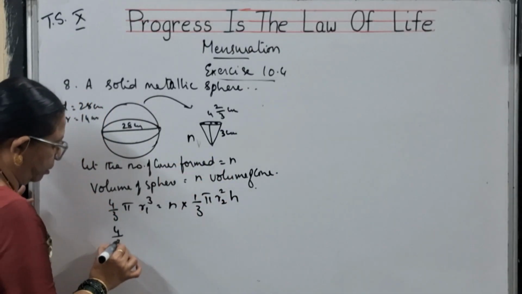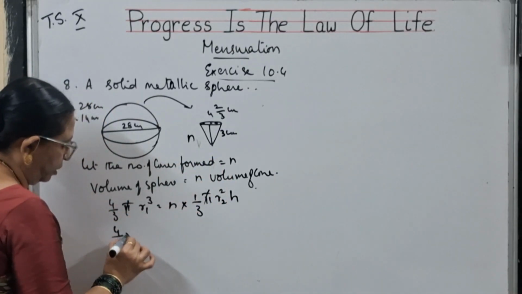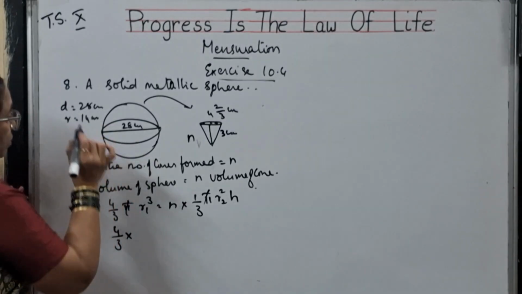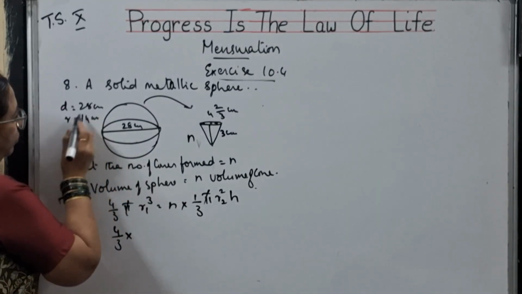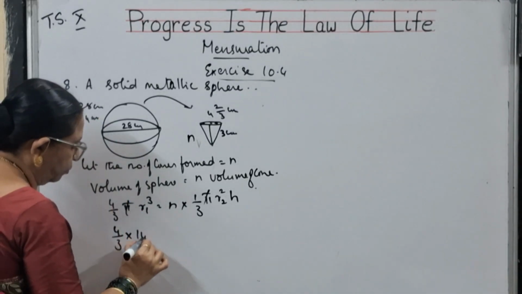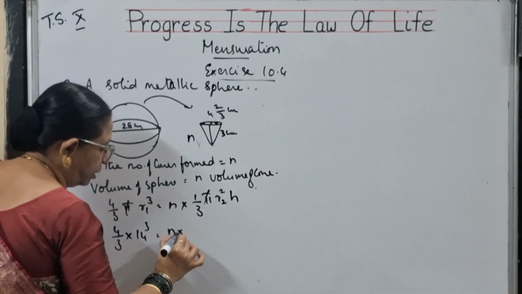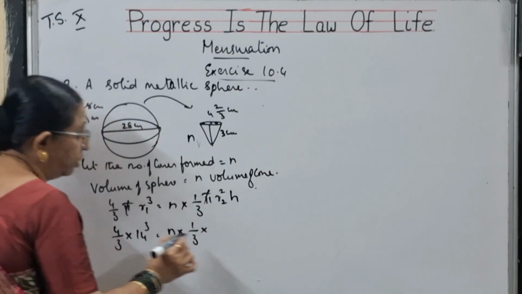So 4 by 3, and pi and pi will get cancelled, r1 radius is 14. See, diameter 28 means radius 14.